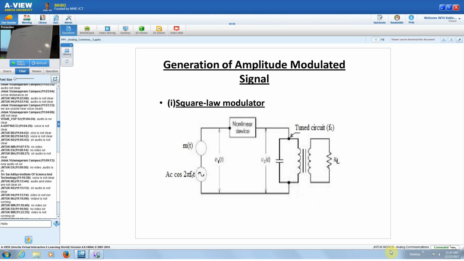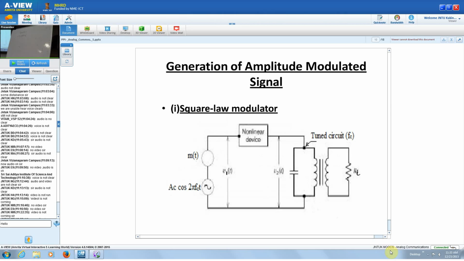So this is a typical square law modulator. We have the baseband signal m(t) generator and the carrier generator Ac cos omega_c t. These two are added, and then we have a nonlinear device, a diode, transistor or FET.